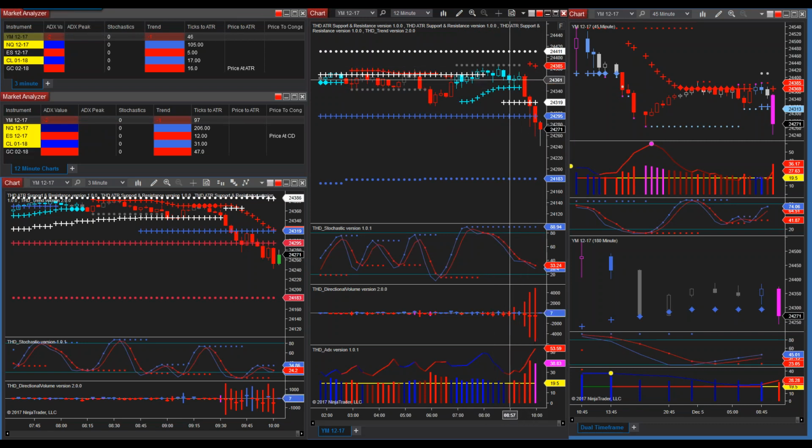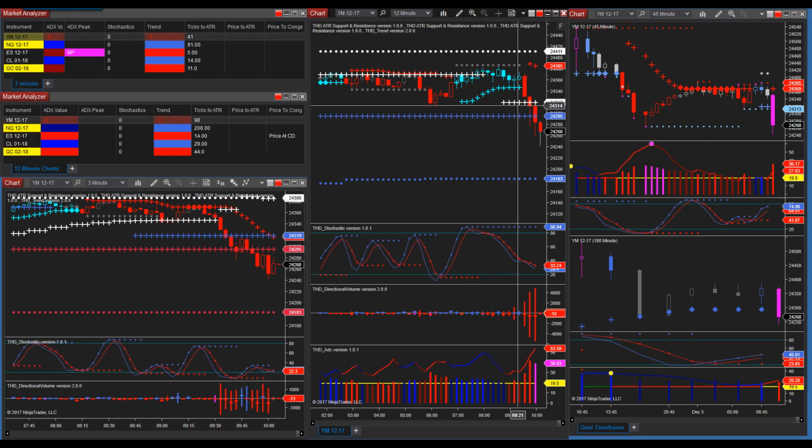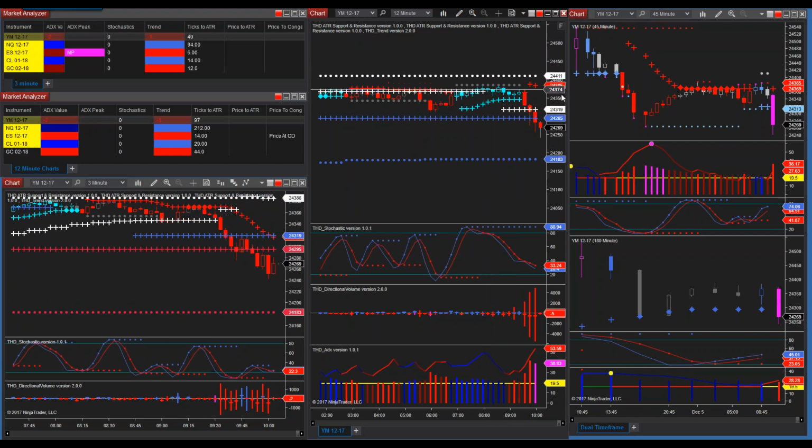That is the ATRs from the 12-minute chart. Then we have a white ATR and a white dot. This is the information from the next time frame up, or the 45-minute chart. We then have the blue dot and the blue ATR. That is from the 180-minute chart.